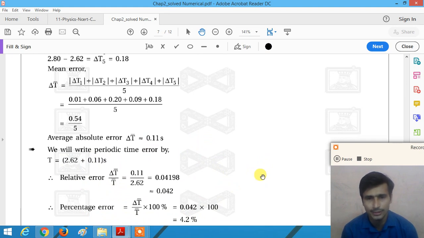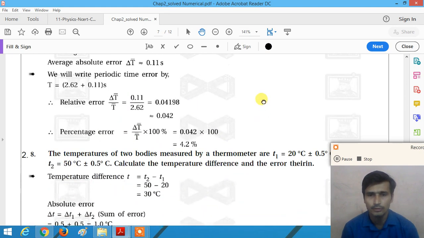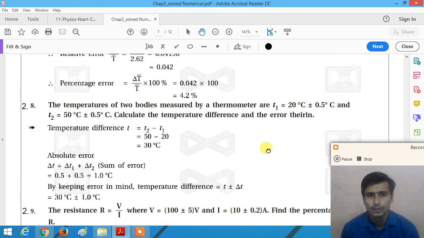Clear about this example? Now example number 2.8. The temperatures of two bodies measured by a thermometer are T1 is equal to 20 degrees Celsius plus or minus 0.5 degrees Celsius.